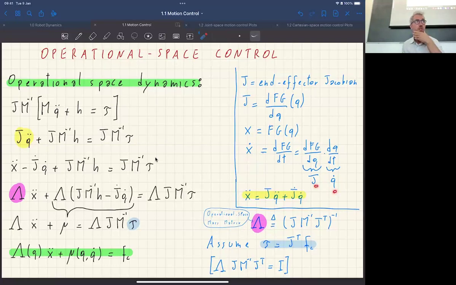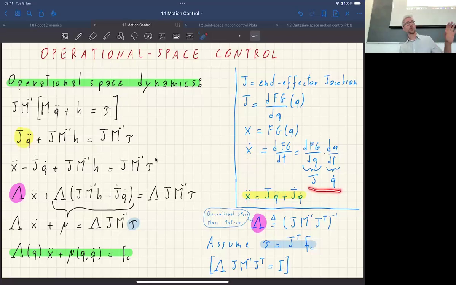I've shown you this last time. So if now I want to move from velocities to accelerations, I can simply differentiate the two sides of this equation. The derivative of x dot is going to be x double dot. So if you differentiate the velocities, you get the accelerations.